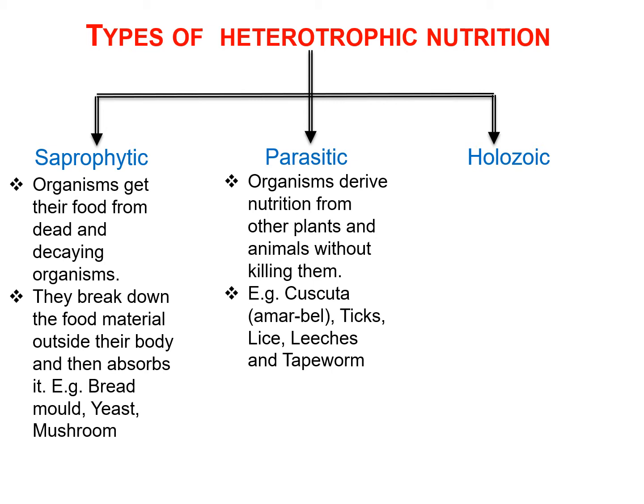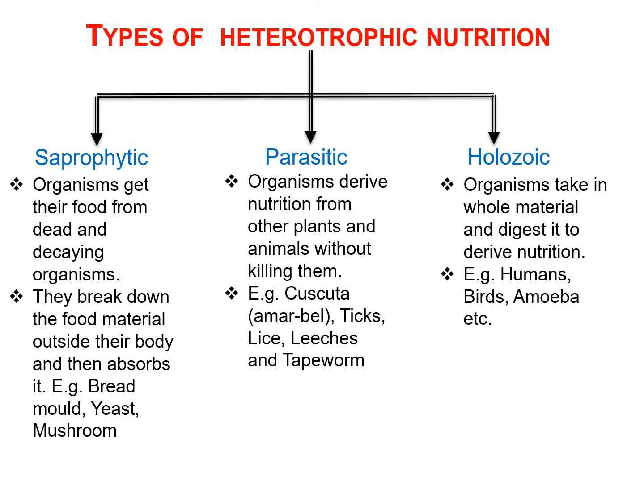We have ticks, which we can see in hairy animals. Lice you can see in human hair also. Leeches are ectoparasites and tapeworms are endoparasites. Ecto means outside the body of the organism and endo means the parasites which are within the body of the organism.